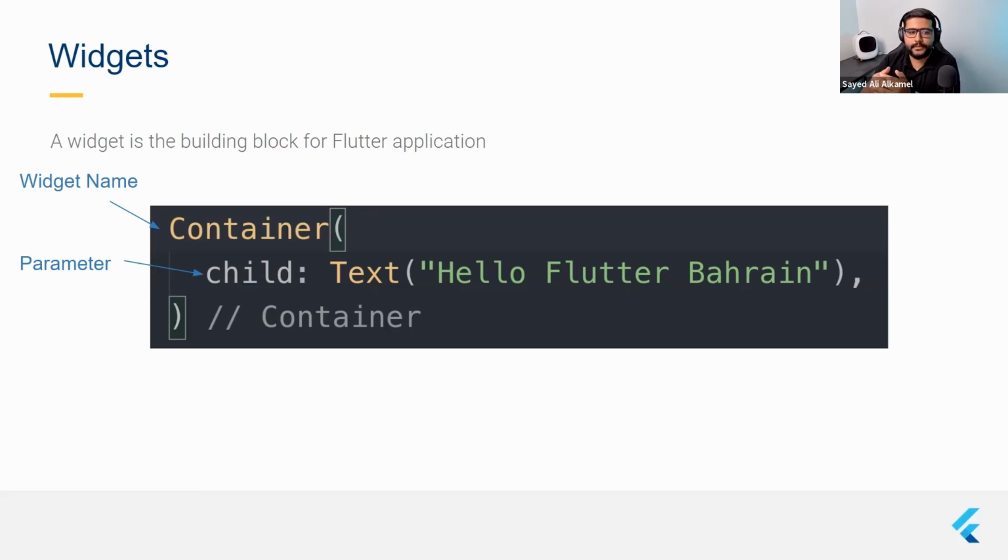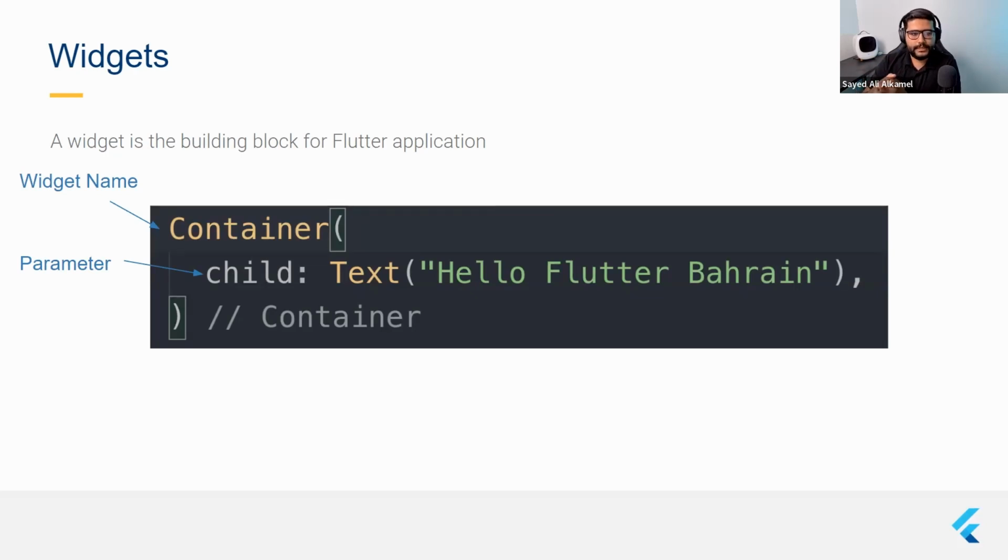These parameters describe what's inside the widget, and depending on the widget, they can control things like the width and height.